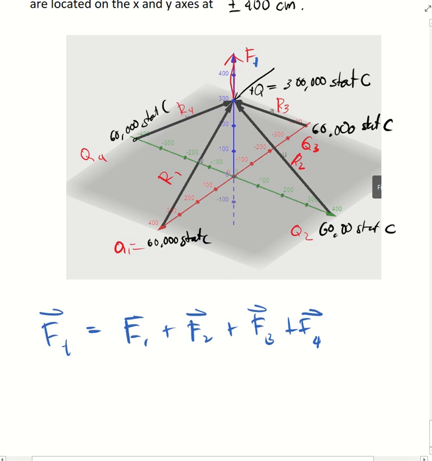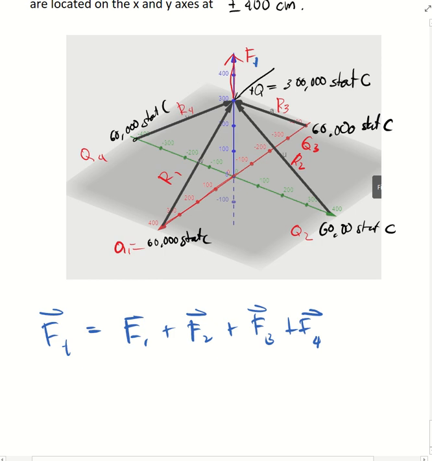And the position vectors will be in here and in here. So they are all the same. This one is 400 AX, this one is 400 AY, and this one is negative 400 AX and negative 400 AY. And the upward, the Z component will be always 300 AZ.